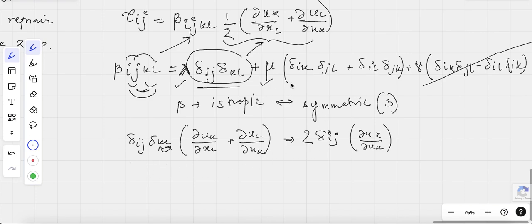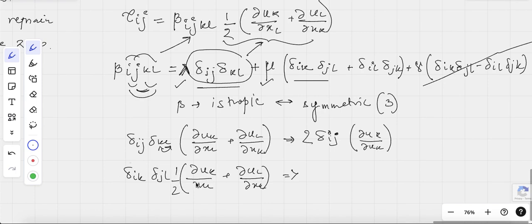Now the second term, this one, delta ik delta jl du_k by dx_l plus du_l by dx_k. We had a half in the front. This k will be replaced by i and l will be replaced by j.